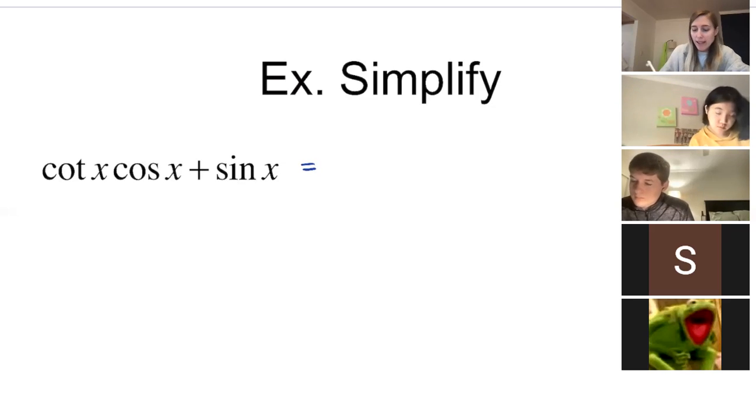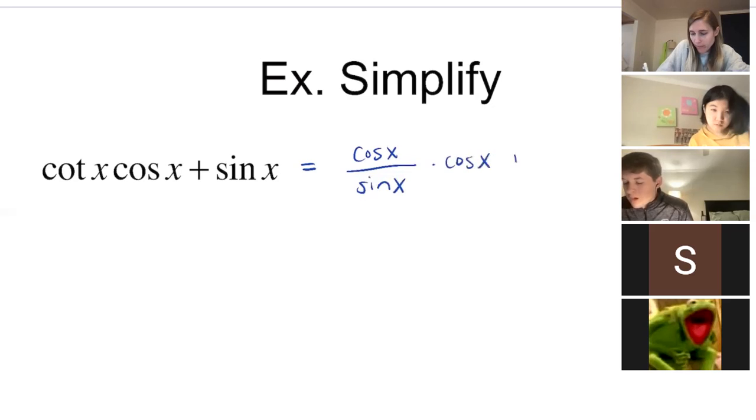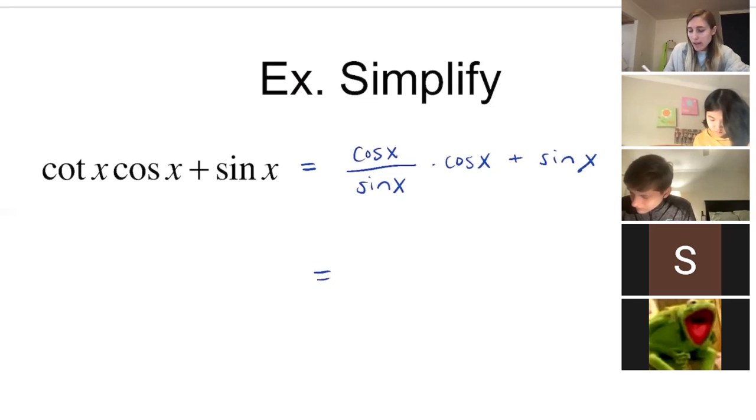We could replace cotangent with cosine over sine. To simplify that a bit, that's going to be cosine squared over sine plus sine.